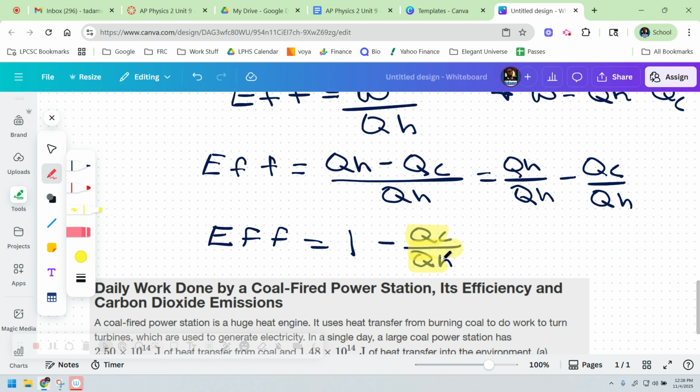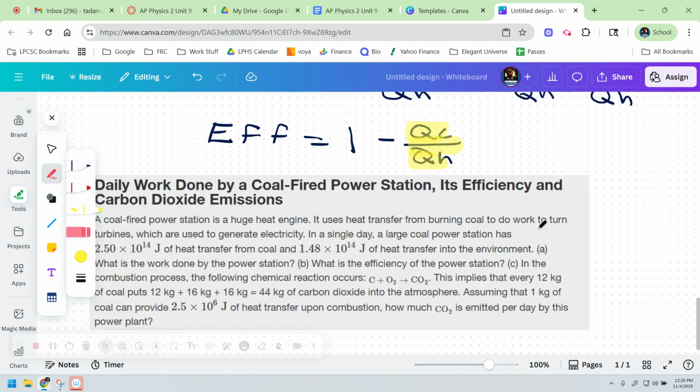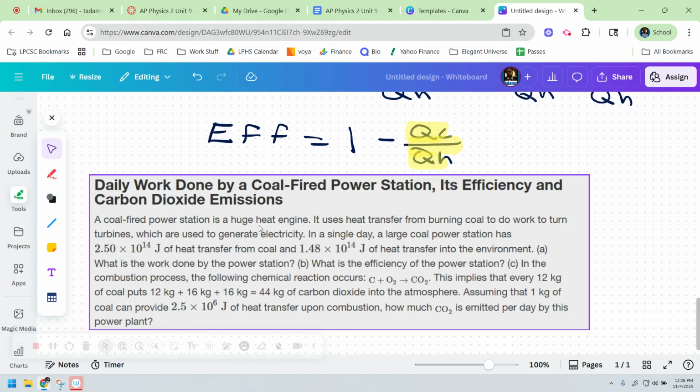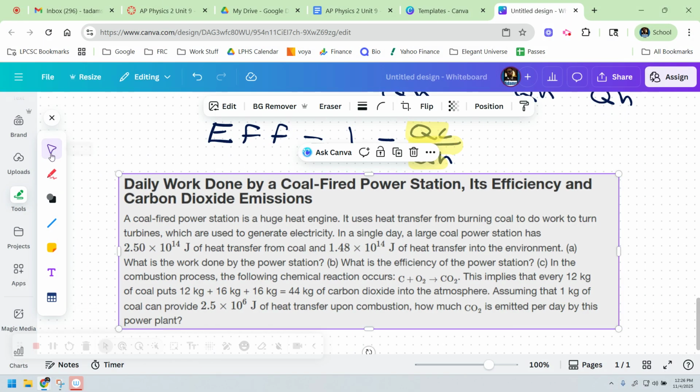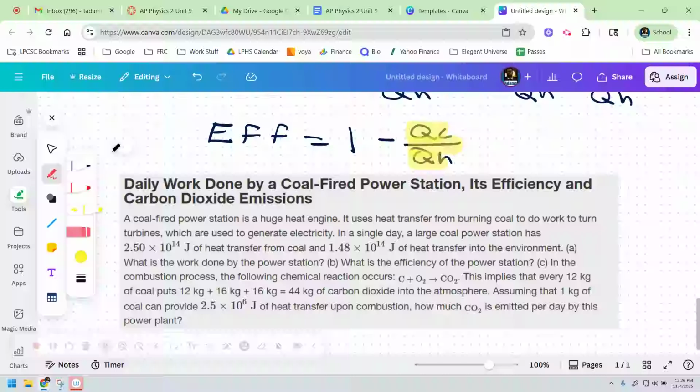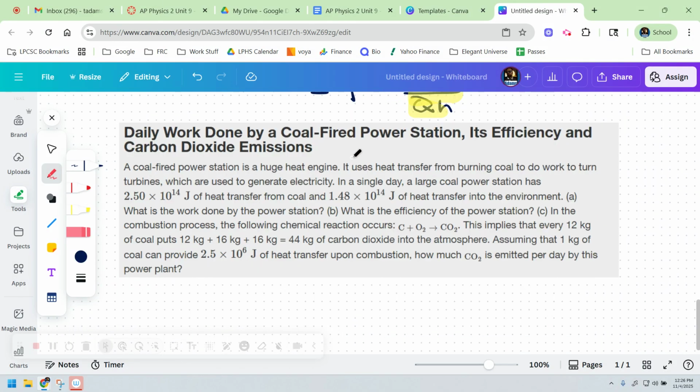So let's apply this in a practical problem. Okay, so daily work done by a coal-fired power station. That's easy enough to do, right? You have a coal-fired power station, which is a huge heat engine. It uses heat transfer from burning coal to do work to turn turbines, and those turbines generate electricity.